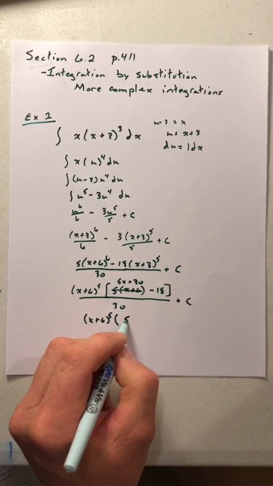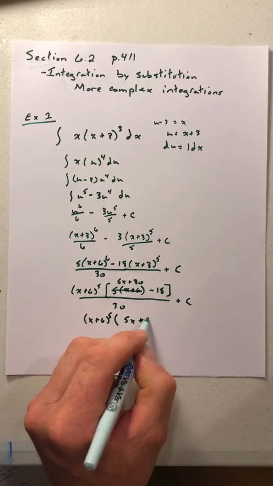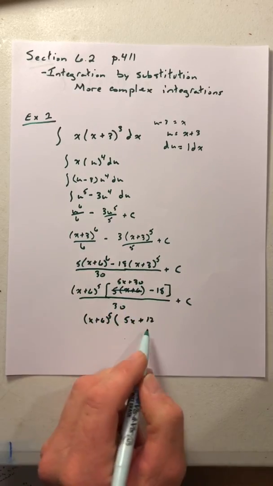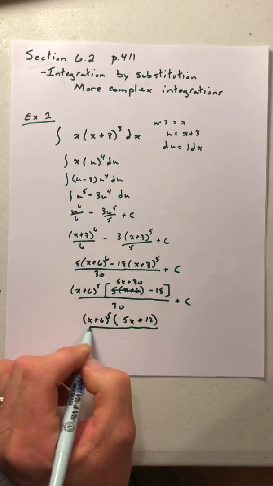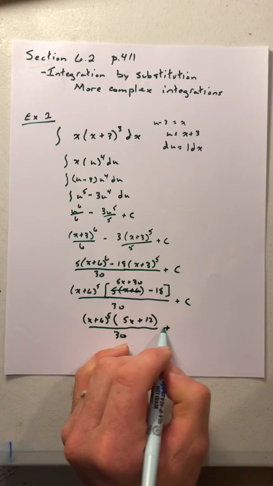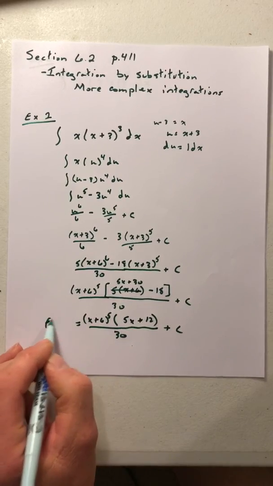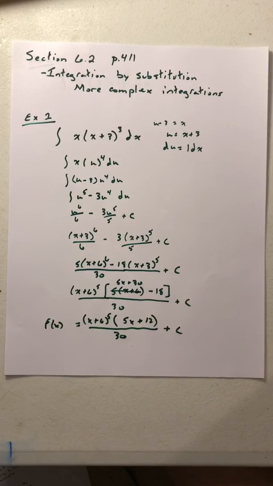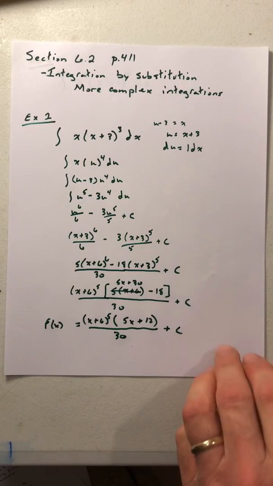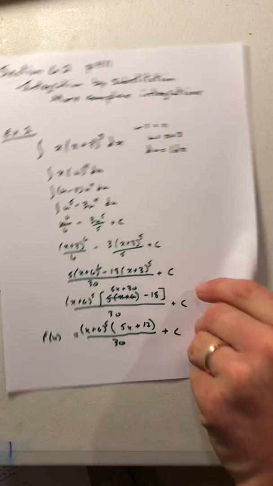So we have 5x minus 3, over 30, plus c. And there, my friends, is our original function f of x. Notice how nice and juicy this problem is. And notice this is only example number 1.